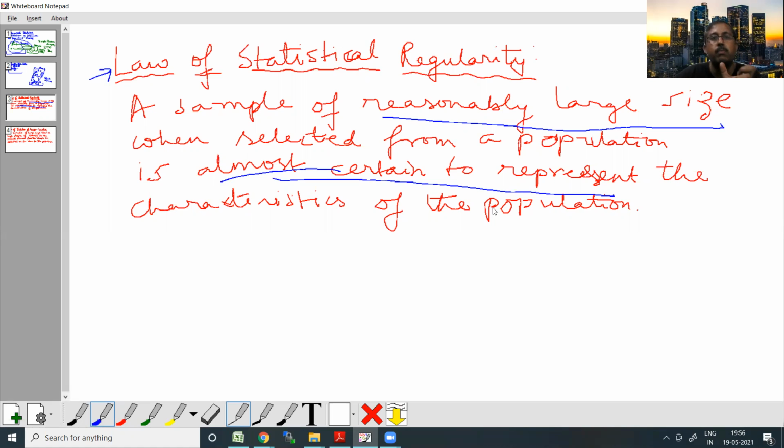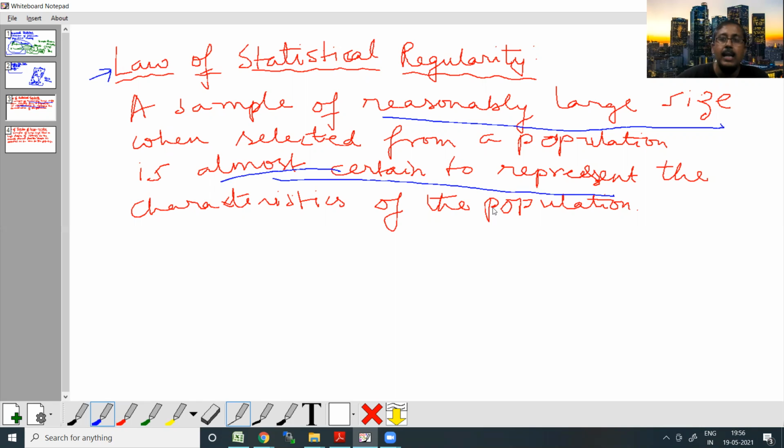So there are two important terms here. One is reasonably large size. That means the sample should have a number of units which can be considered reasonably large. And what is that? We will come to another law for that.